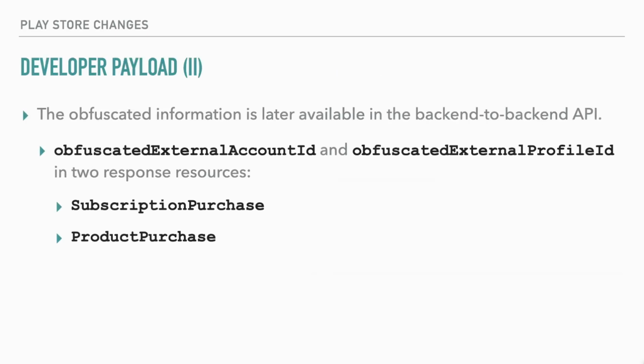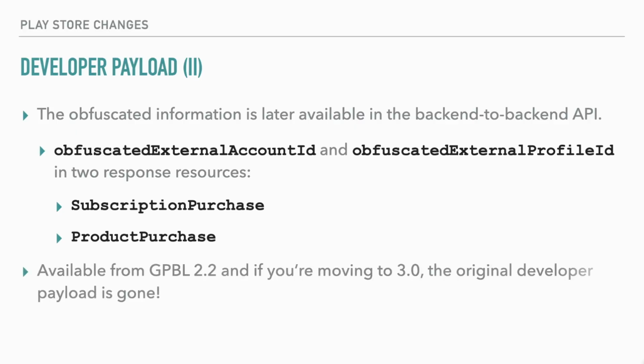And on the other side, use the Google Play backend API, either via the subscription purchase endpoint or the product purchase endpoint, and retrieve it again and do whatever you need to do with it in your own backend. That's a useful replacement. It's available from Google Play Billing Library 2.2. And if you're moving to 3.0, just remember that the original developer payload is not supported anymore and is gone. So you have to swap to this obfuscated setup with account ID and profile ID.